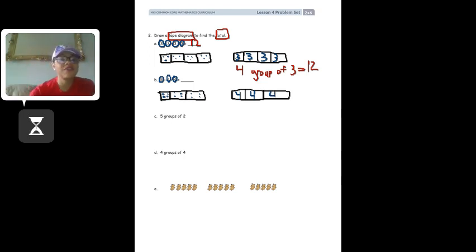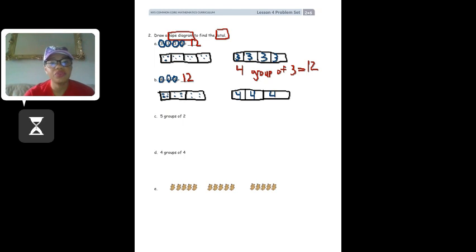And now it's time for us to find our total for our repeated addition equation. So I'm going to do 4 plus 4 is 8, and then 8 plus 4 is how much? That's right, it's 12. So I'm going to put 4 plus 4 plus 4 equals 12. And that's the same thing as saying what in our sentence statements? How many groups do we have in this tape diagram? How many equal size squares? That's right, we have 3.